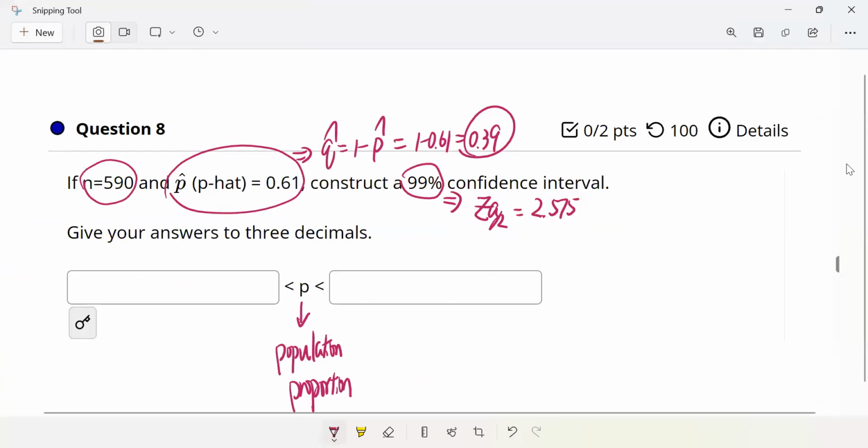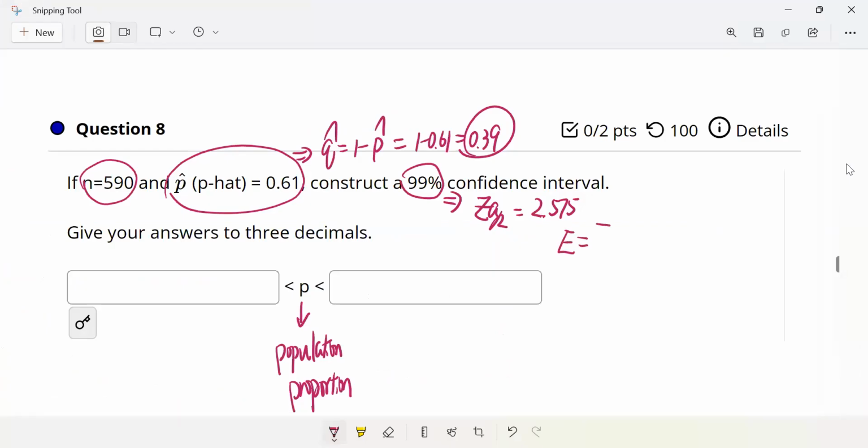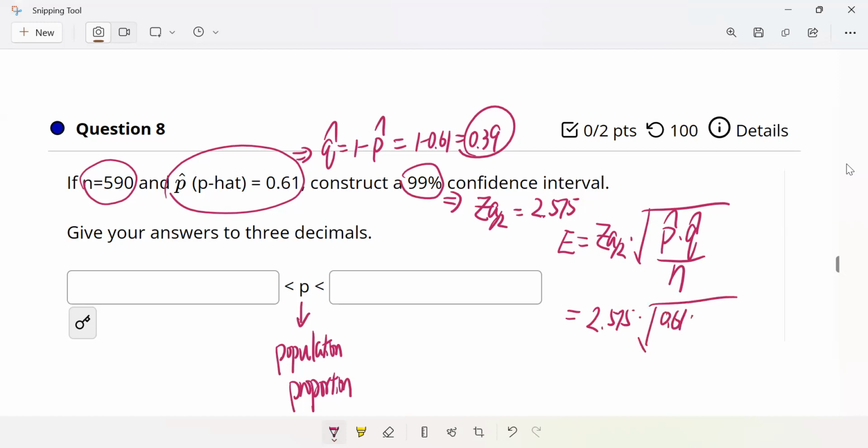So margin of error equals critical z-score times square root of p-hat times q-hat over sample size. It's 2.575 times square root of 0.61 times 0.39 over 590. Sample size is 590. And we're going to get a margin of error here.